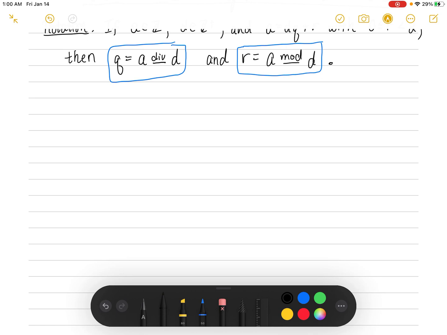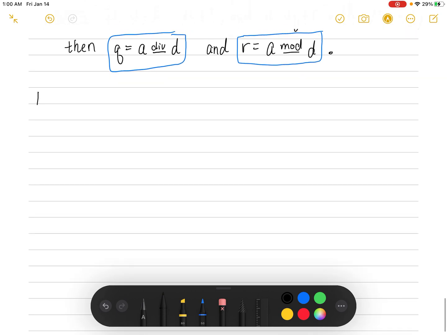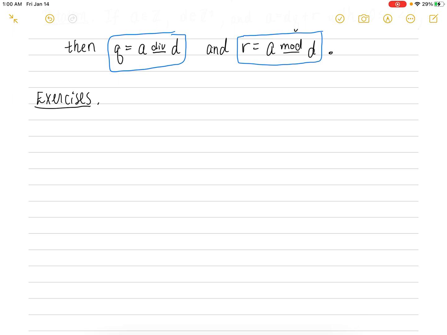So I want to work a few exercises involving clocks. Number 1.